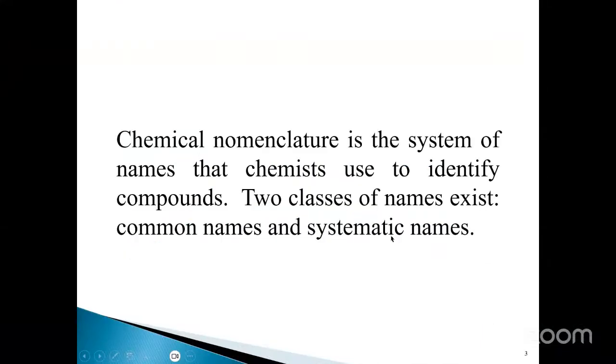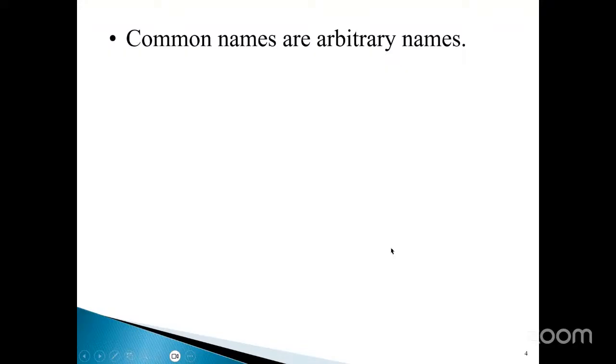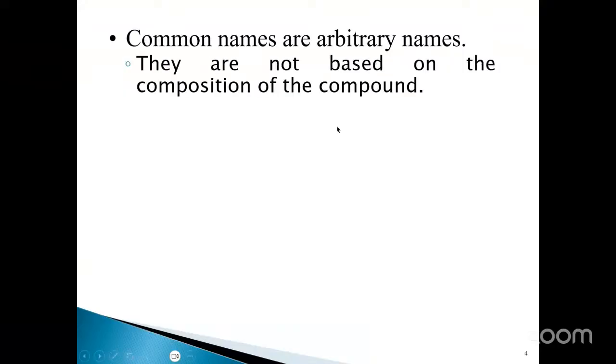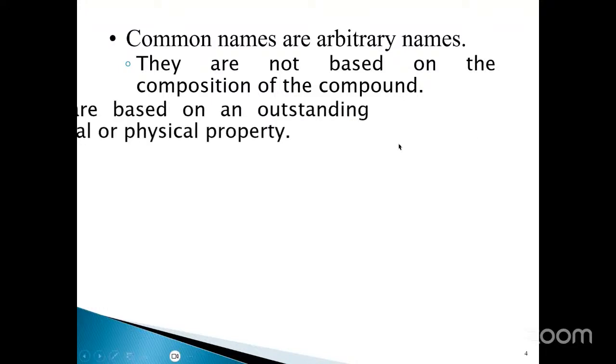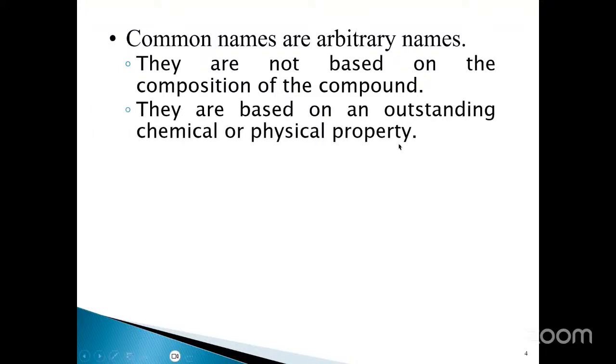The common names are more arbitrary, right? In terms of how we go about naming compounds, because sometimes they're based on anything but the composition of the compound. They may be based on, for example, an outstanding physical or chemical property.